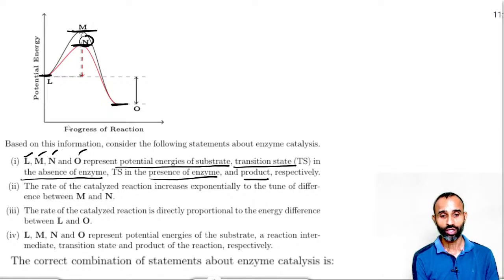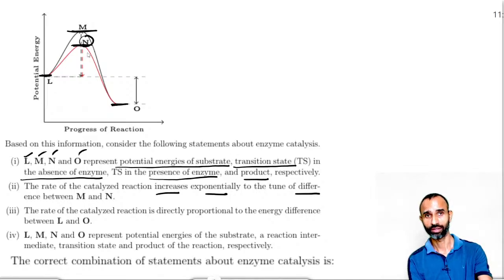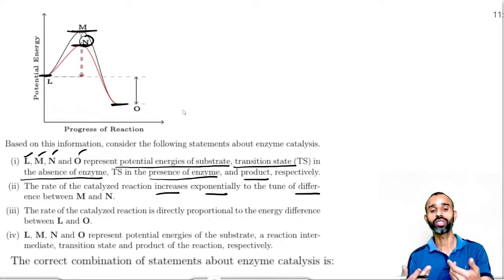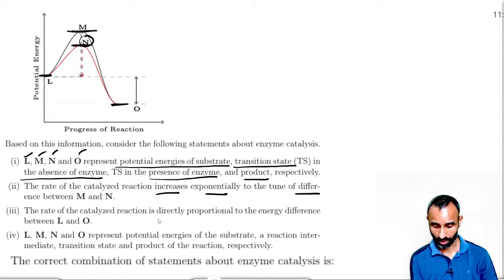And the rate of the catalyzed reaction increases exponentially to the tune of difference between M and N, that I told you now, that if there is a large difference between M and N, the rate of reaction is more. So rate is directly proportional to the energy difference.